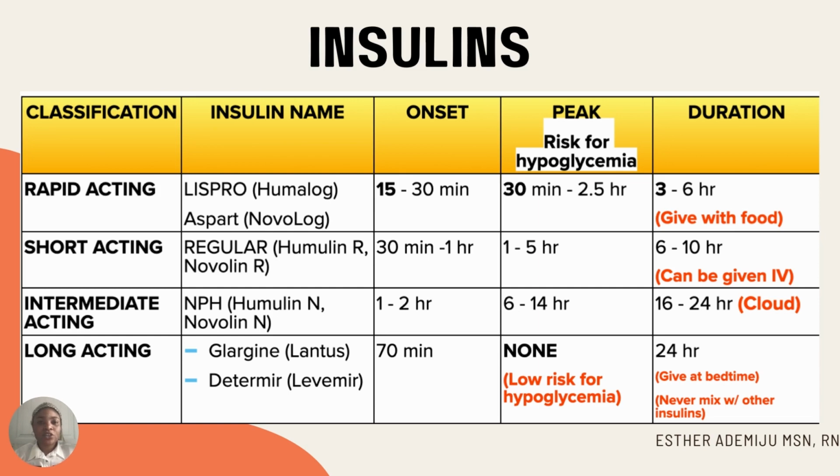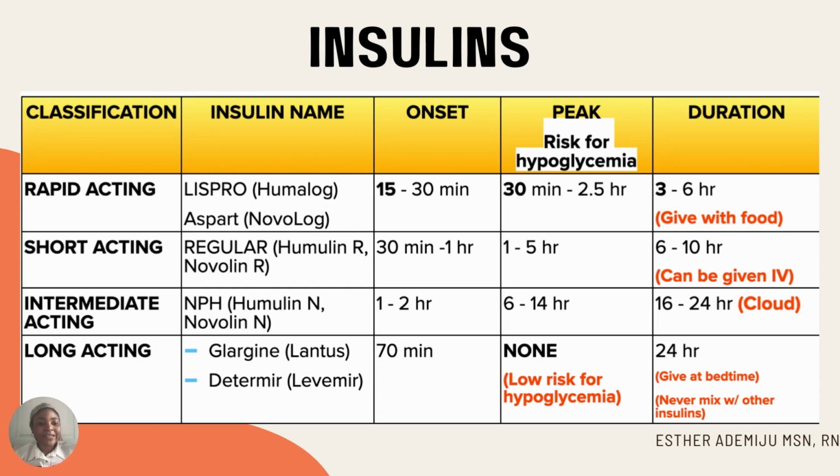The earliest you should come check your patient for possible peak hypoglycemia is 8:30. And then duration is pretty much just telling you the total period that this insulin is working in the body. So if I give my patient Lispro at 8 o'clock, it's going to keep working for another 3 to 6 hours, and then I might need to give another one.